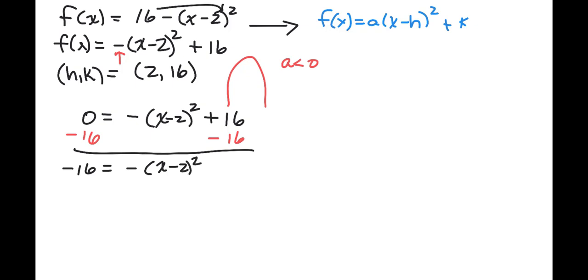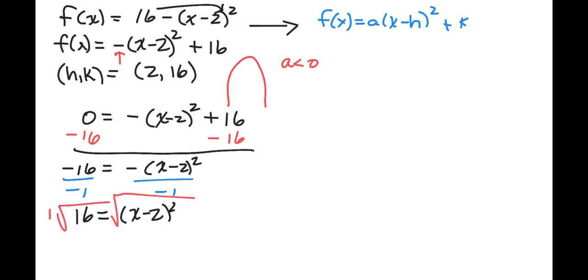Well, the first thing I would do is then divide both sides by negative 1 to get rid of that negative. So that makes it very nice. So I get 16 equals x minus 2 squared. And now we just go through the same steps where we square root both sides. And please don't forget to do the plus and minus on the square root.